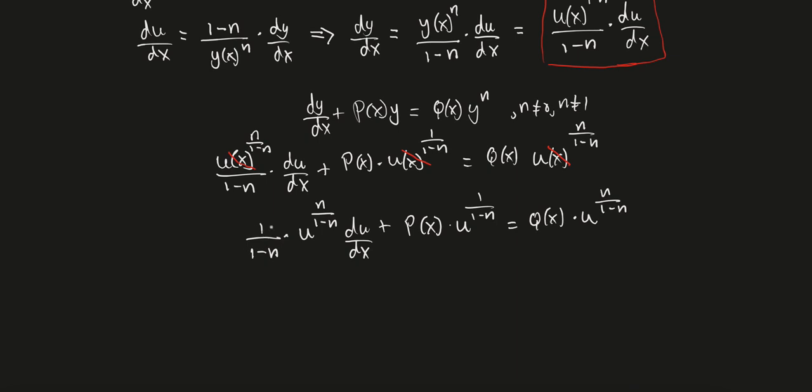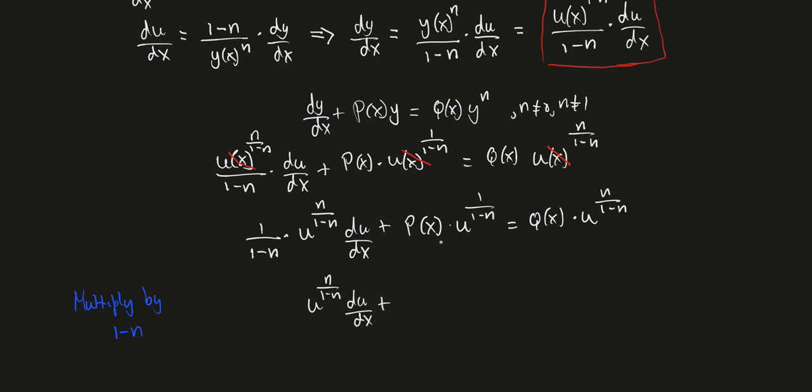So since I have the reciprocal of 1 minus n here, let's write down what we're going to do here. So we're going to multiply the entire equation by the quantity 1 minus n, whatever that constant is, right? So that will eliminate this term or factor. I'll still have the u, so I'll have the u^(n/(1-n)) du/dx.